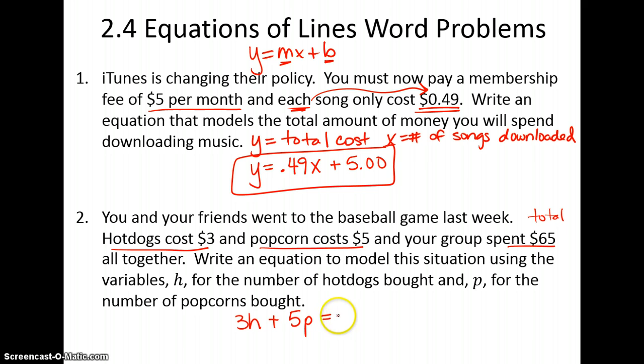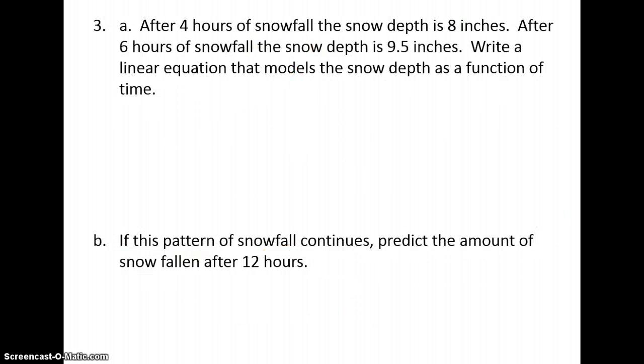That's going to equal the $65 total that we spent. Again, this is just a model representing the whole situation, not going to give us any specific numbers. In this next problem, however, we are going to write the model and use it to predict about the future.